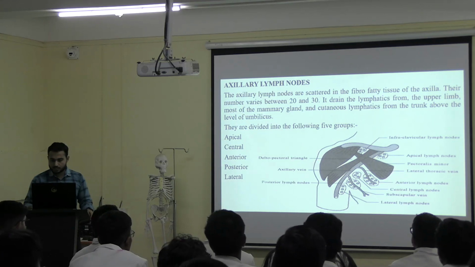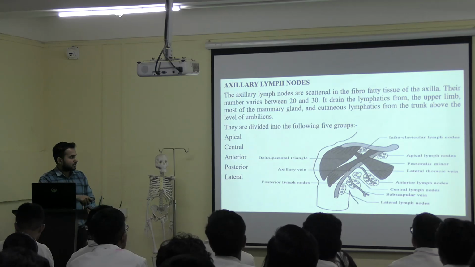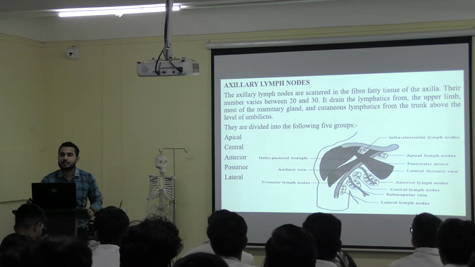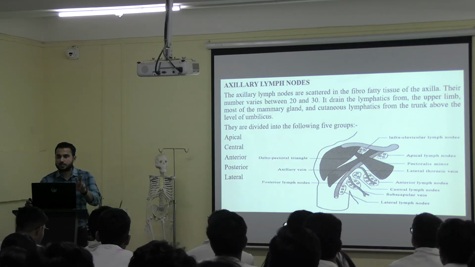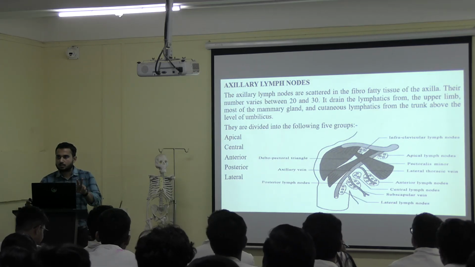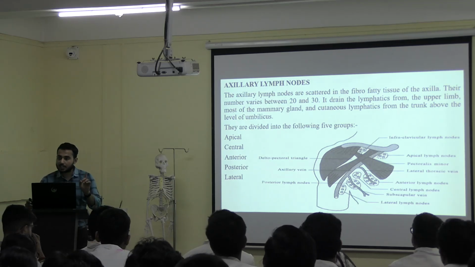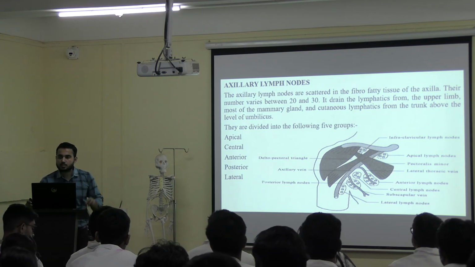Next, suppose the anterior group of lymph nodes: where they are present and from where they are draining the lymph. These 2 points must be there: where they are located in the axilla, and from which area they are draining the lymph. You must know these 2 things.